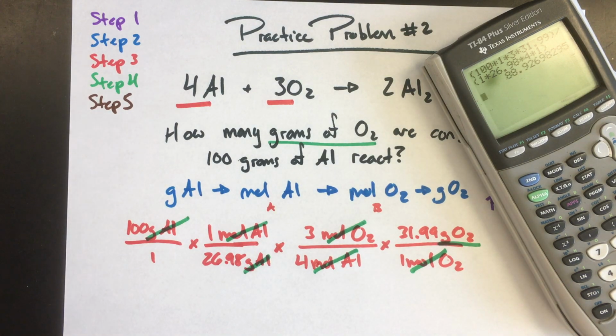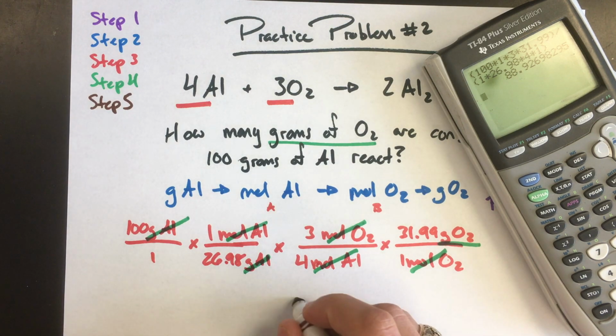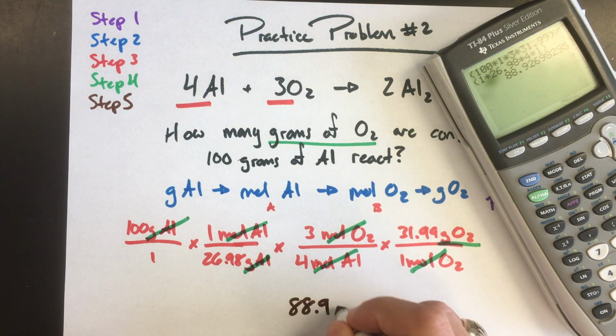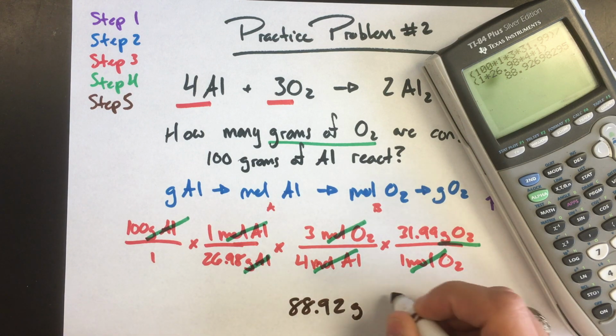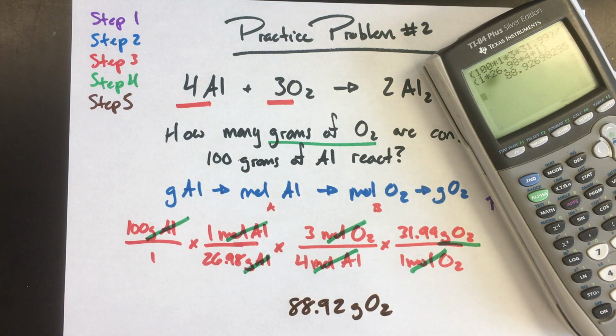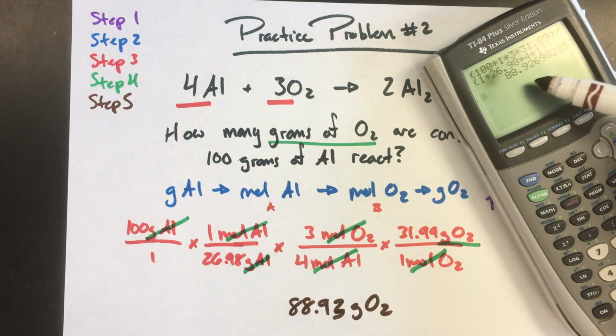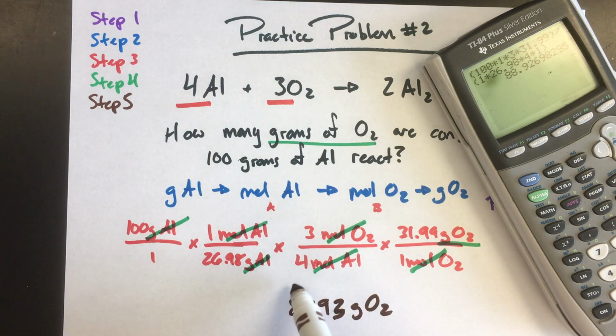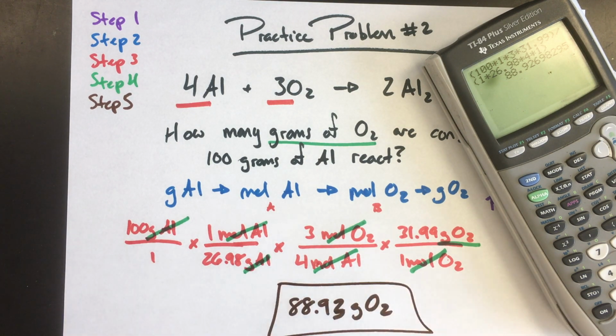And that means that we produce 88.92 grams of O2, 92 or 93 if you round with that 6. And there you have it.